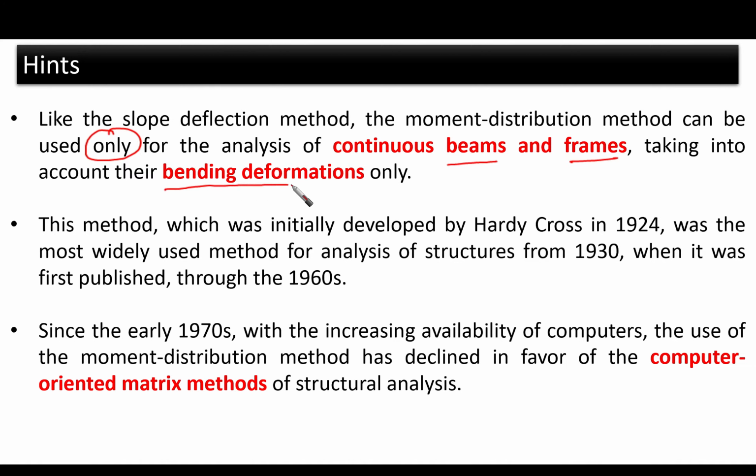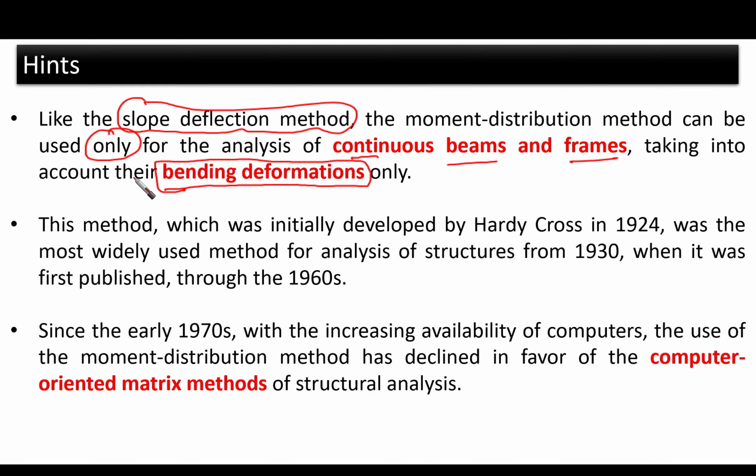This means that any other types of structures involving axial deformations, like bracing systems and trusses, are not going to be suitable for it. Okay, they are not going to be suitable. We have said this limitation before when we were discussing the slope deflection method.